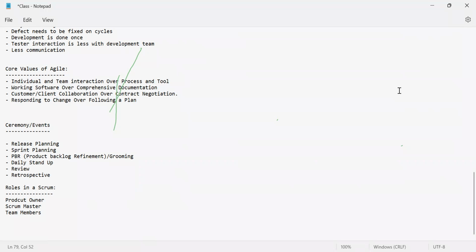There is a big list of stories in the product backlog, and these stories contain the functionalities that need to be developed. These stories are prioritized in the product backlog.